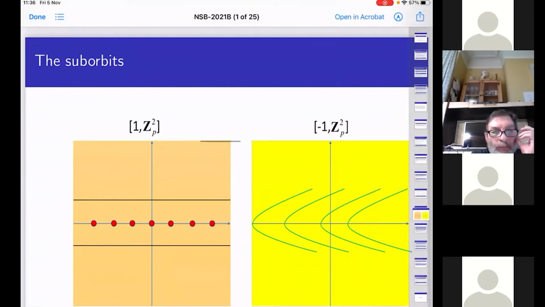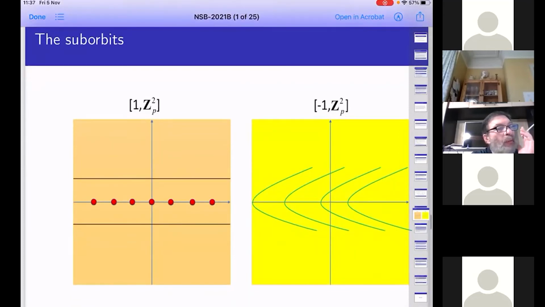This is one plane, and the complement is another plane. On the x-axis, we have singleton orbits. Outside of that, each orbit is a pair of parallel lines. And on the complement, the orbits are parabolas. If you look at the equation, geometrically, these are parabolas, and these are the suborbits.